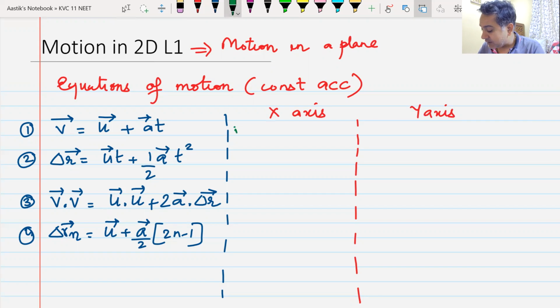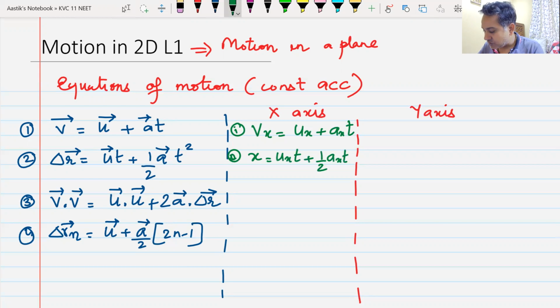Now, how will you write the equation along x-axis? Vx is equal to ux plus ax into t. The second equation becomes displacement along x, let me call it x: x is equal to ux into t plus half ax into t square.